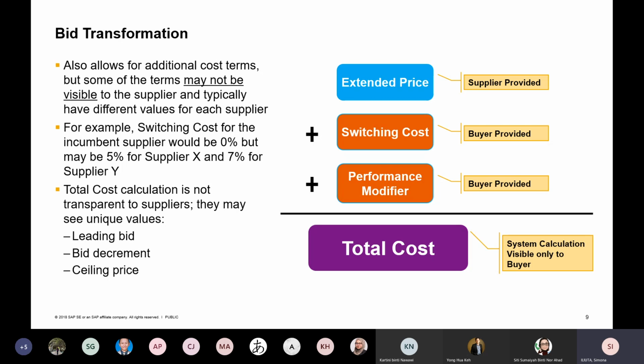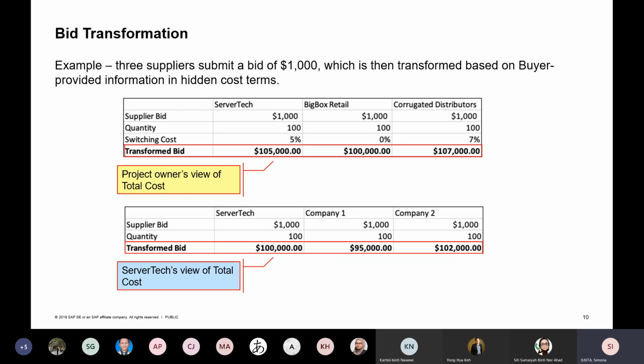Bid transformation is mainly used when you want to bring dissimilar suppliers together. What does this mean? Suppliers that you consider are so far apart that we cannot bring them into competition. But if we are able to quantify these factors, to put a money value or a percentage behind them, we can use those factors in the auction, and we can have those factors impact the price.